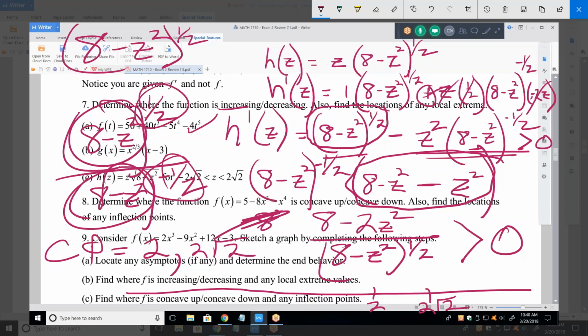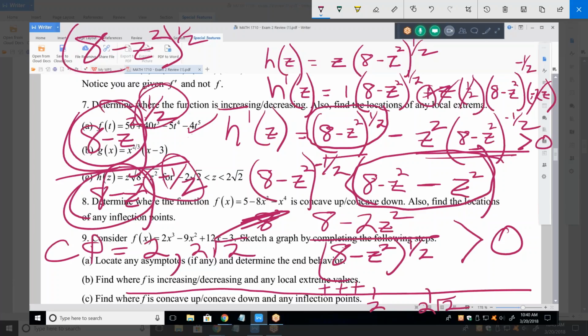Yeah, we can plug it in pretty easily. Let's plug in the number what? What's the best number to use? 0. Good. So when you plug in z equals 0, this becomes square root of 8 minus 0. So that's positive to the left of 2.